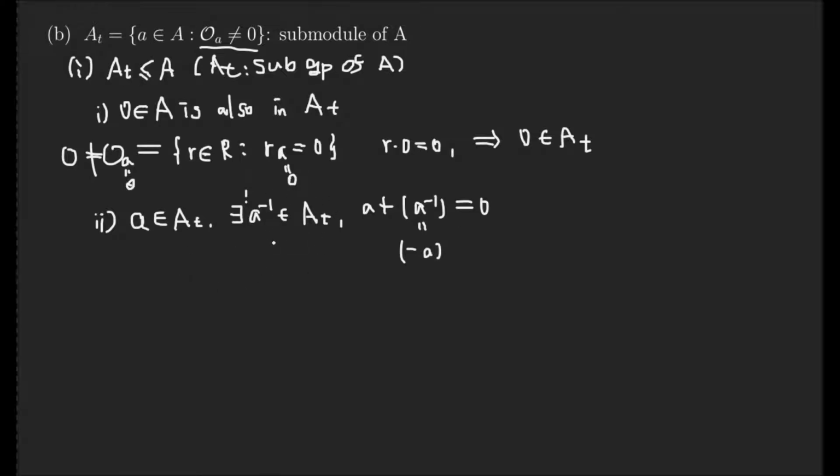We pick minus a, because a being an element in AT means there exists some non-zero element r in R such that rA is equal to 0.